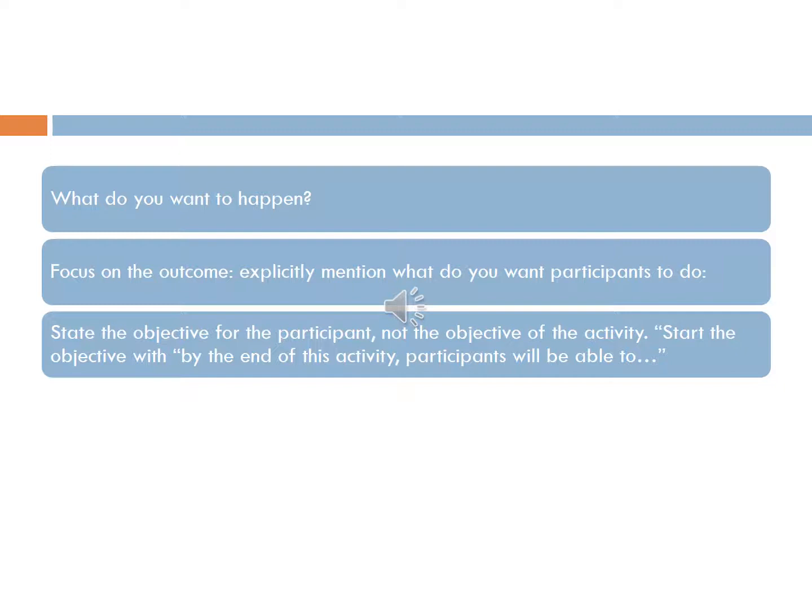Do you want them to be able to identify concepts? Do you want them to be able to practice a certain skill? What do you want them to be able to do? Whenever you think about this, you put this as your objectives, and you start your objective: by the end of this activity, participants will be able to do 1, 2, 3, 4. And then you state what your learning objectives are.